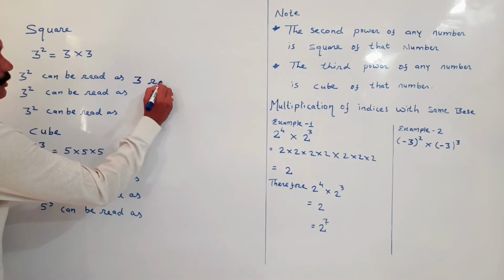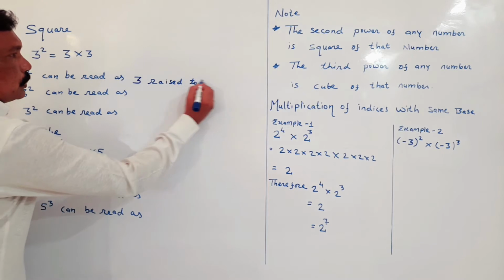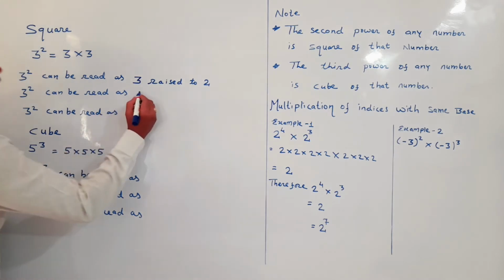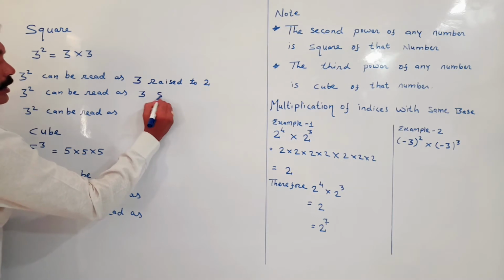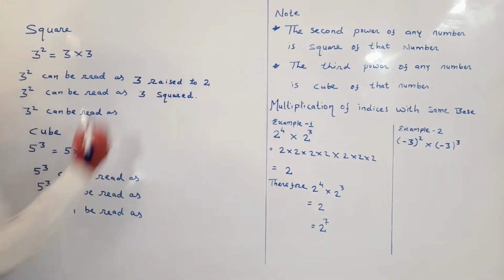3 raised to 2. This can also be read as 3 squared.